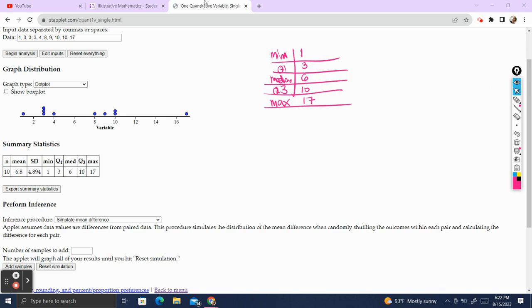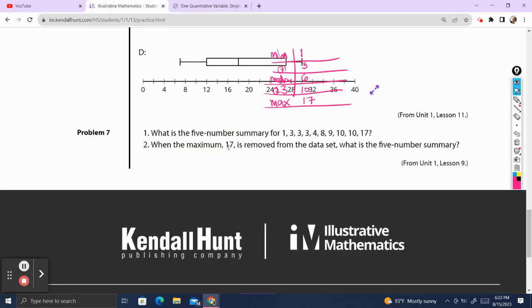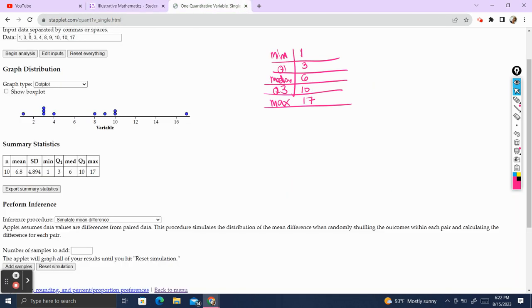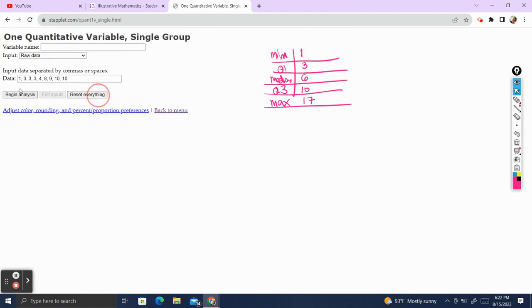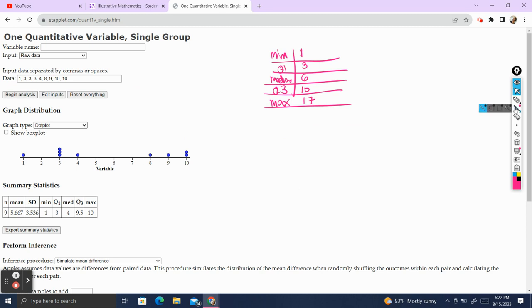All right, that was it. Now it asks us when the maximum 17 is removed from the data set, what is the 5-number summary? So we're going to remove the 17 from our data set. We're going to re-begin our analysis and click over here and create our new table. So our second 5-number summary, we're going to draw another table.